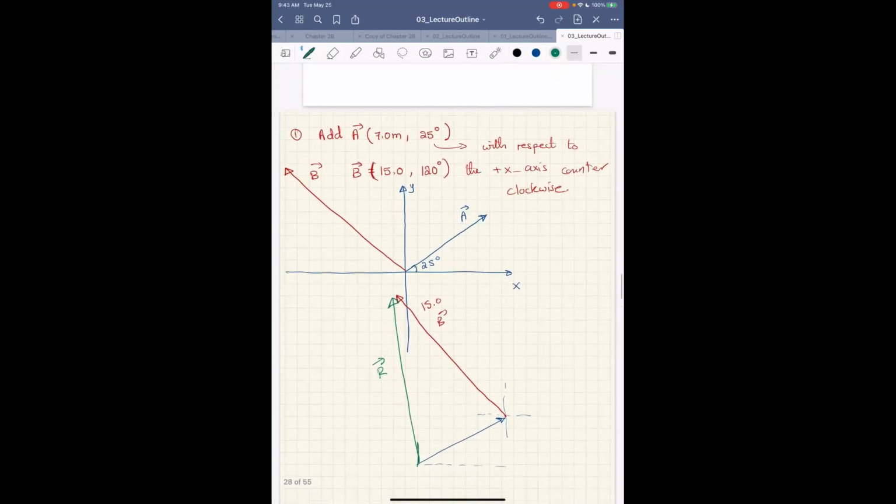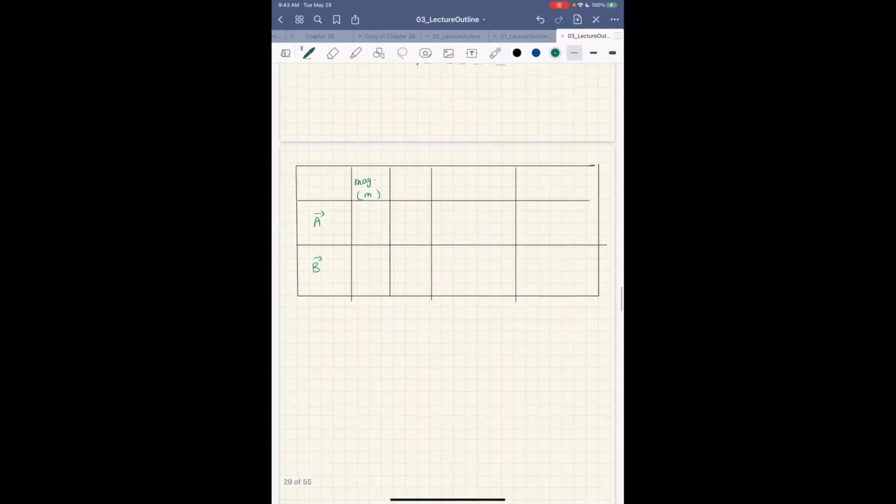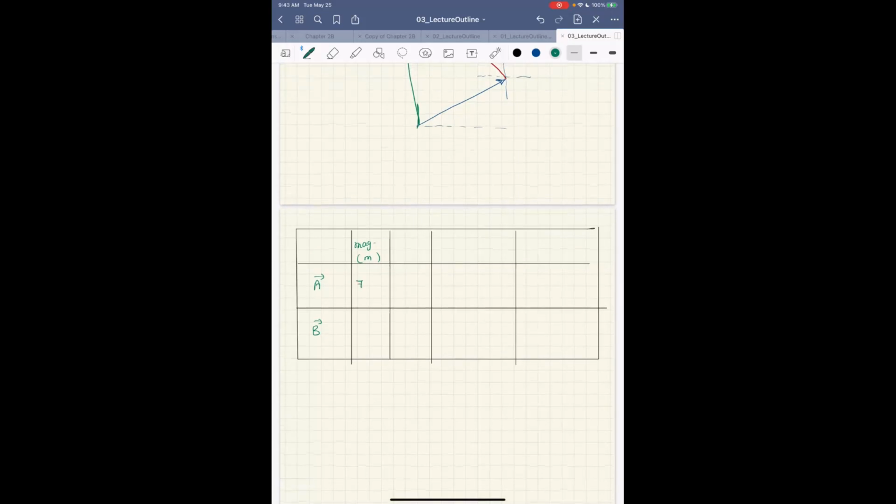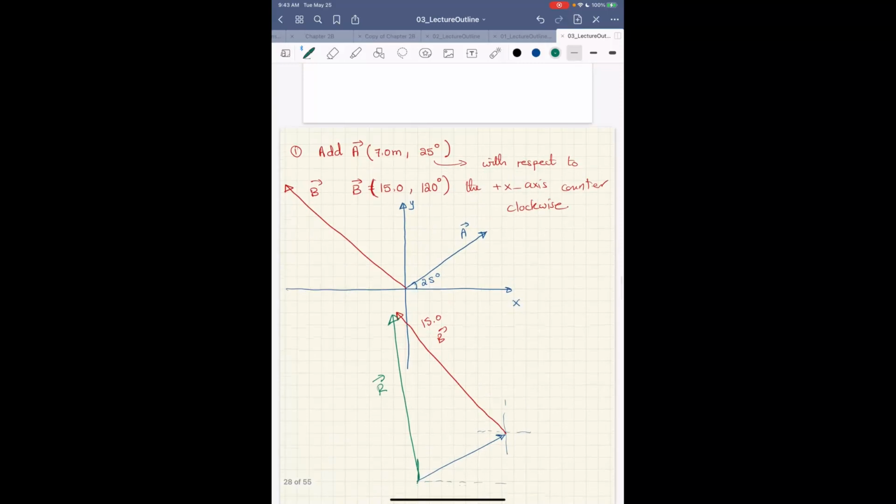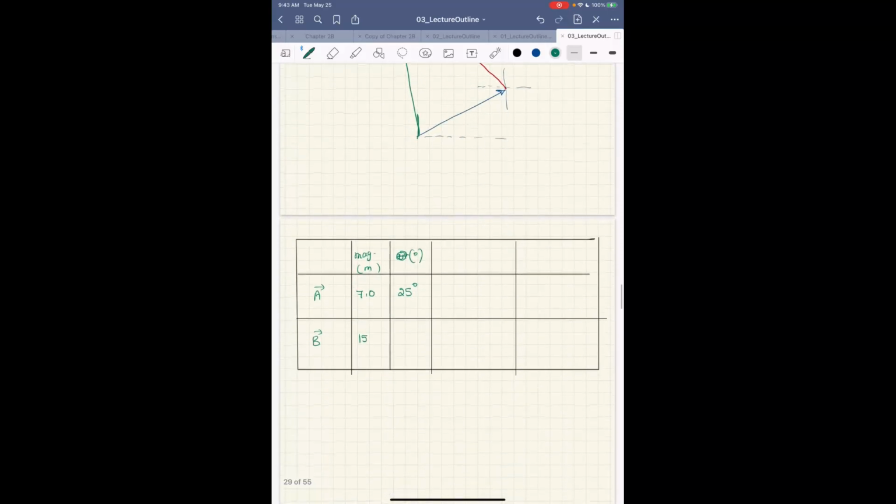I have 7 and one is 15. Now the angles, or theta in degrees, this one 25 and that one was given as 120.